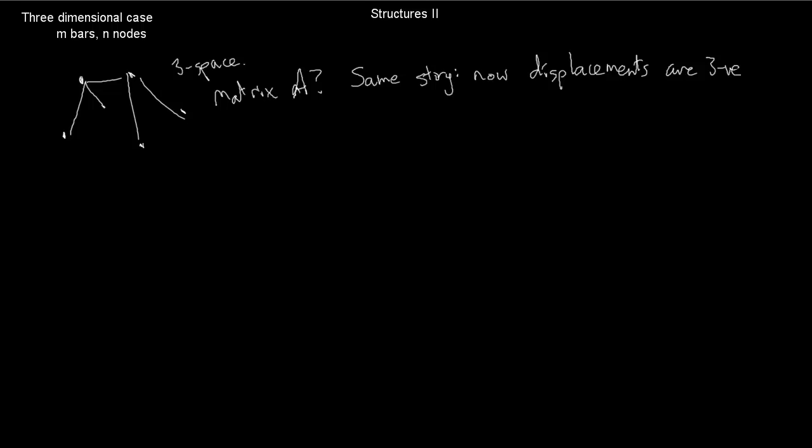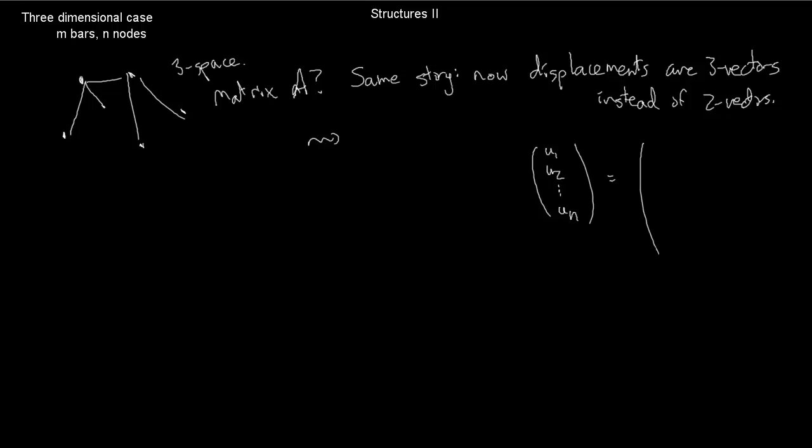So what's going on is that I really have the same story. The displacements are going to be 3 vectors now instead of 2 vectors. And if I've got m bars and n nodes, then my new matrix should have m rows. There's a row in my incidence matrix A for every bar. There will be n displacements of nodes, and there's m bars, so I ought to have m elongations, and the elongations and the displacements should be related by some matrix, which is A, just like we had before.